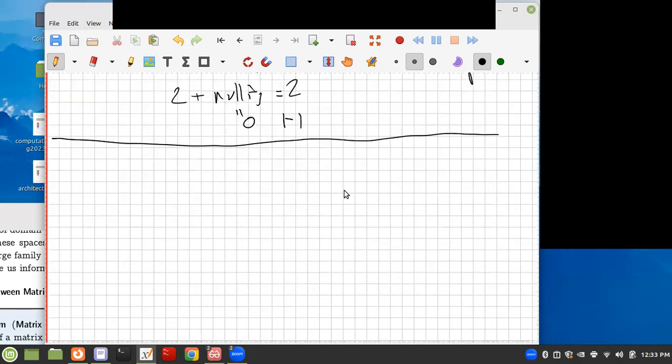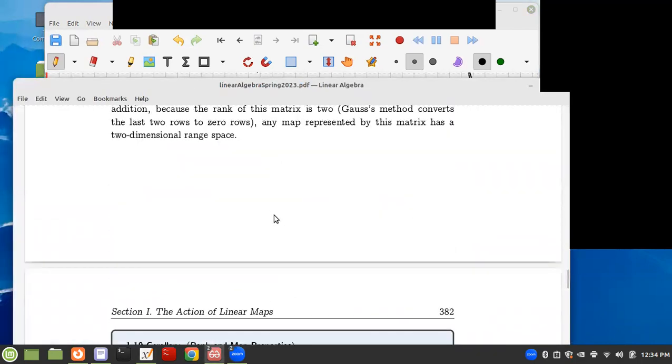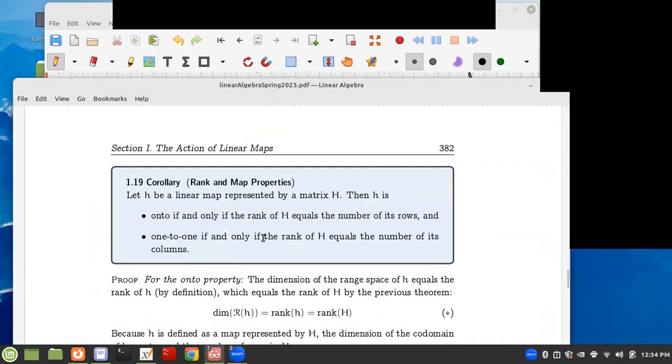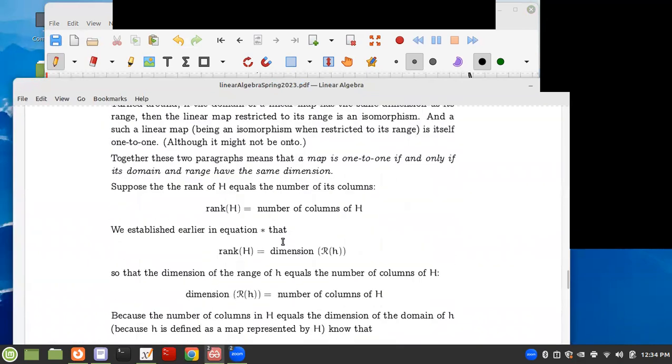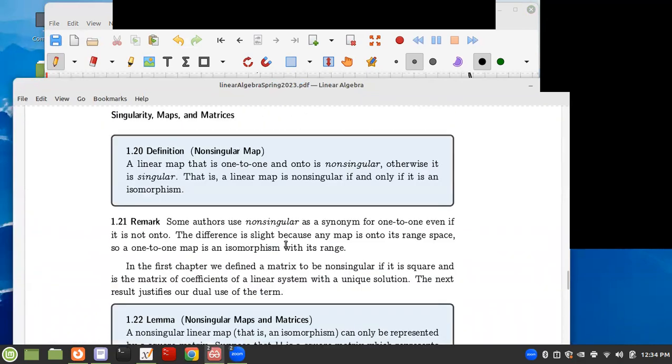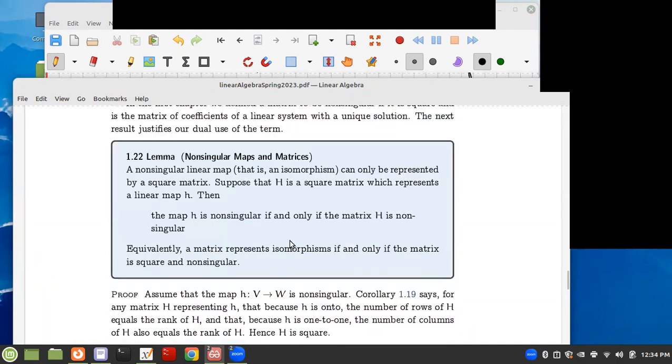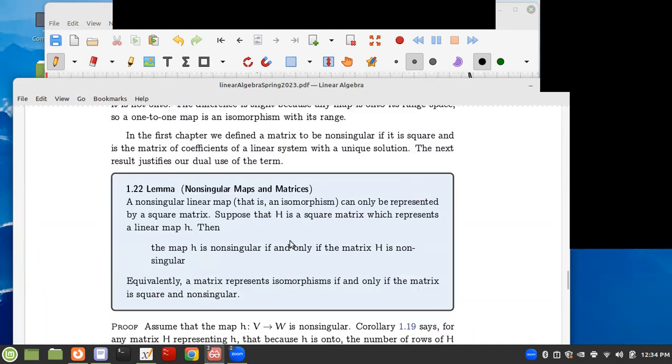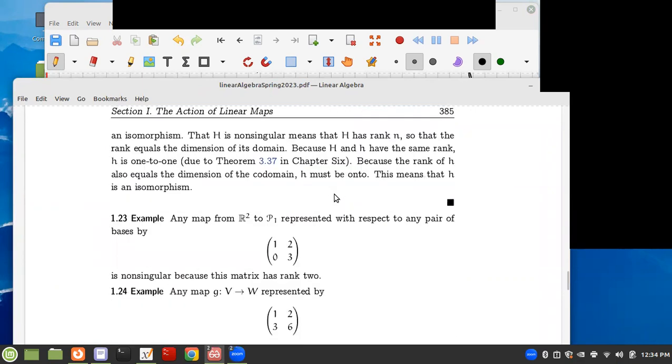Let's see. So another example, or what do you want to do now? Looking to see if there's anything on homework. Oh, well, there is, let's see.